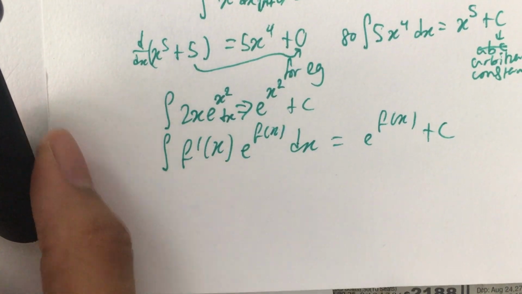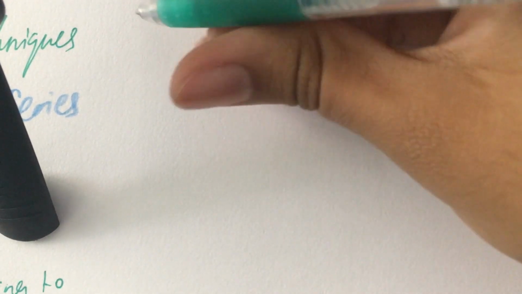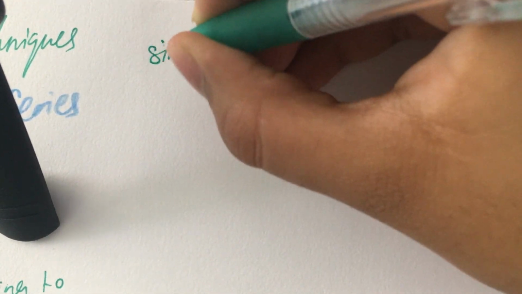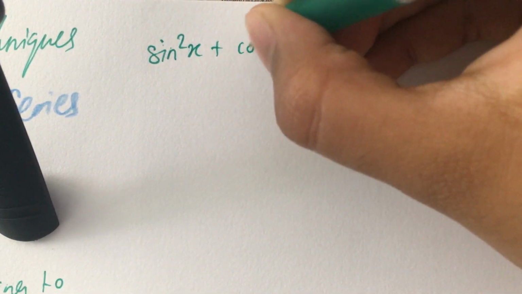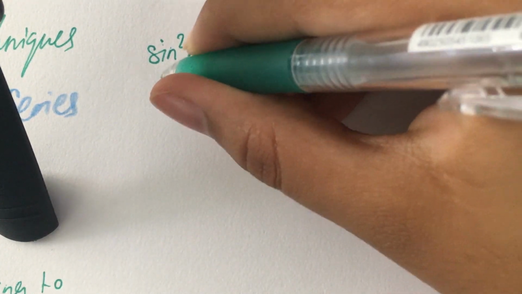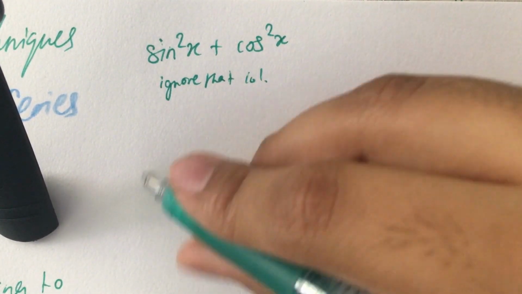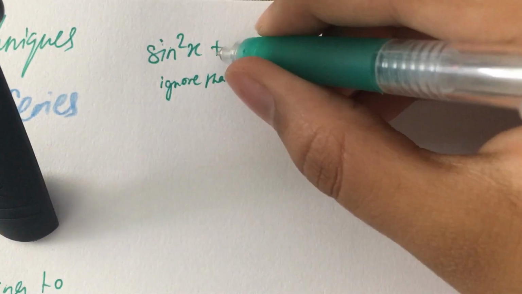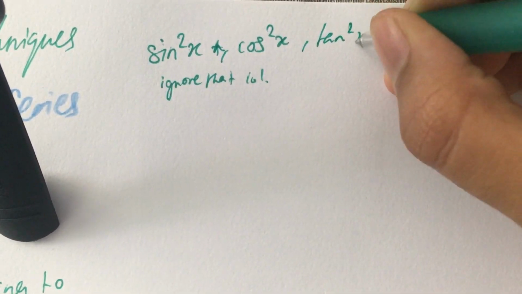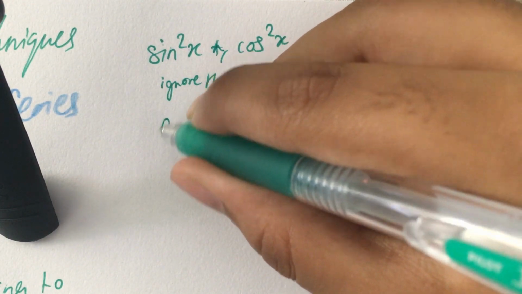Since you can integrate sine x cosine x directly, you can always convert this to 1 minus the other square. Actually, don't do that. This is better: if you have something like 1 minus sine square x, convert that to cosine square x, because that's easier to integrate than 1 minus sine square x.